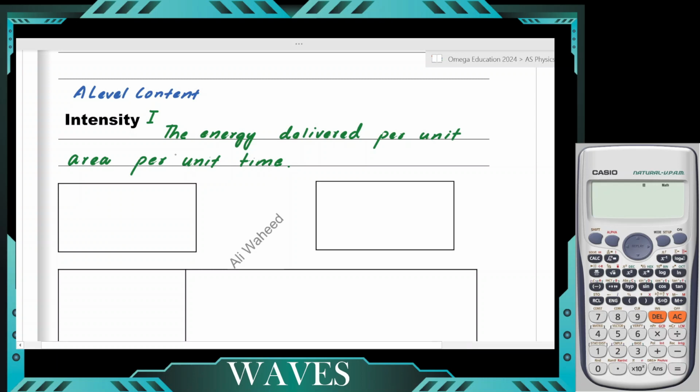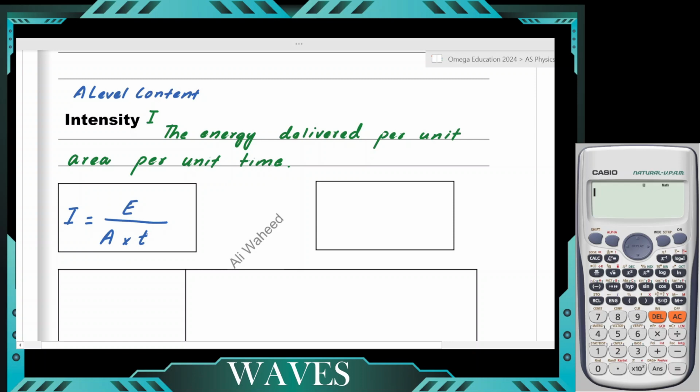Now, the same description can be mathematically written as I, which is the symbol for the intensity, equals E, which is the energy, per unit area, meaning area in the denominator, per unit time, meaning time also in the denominator.